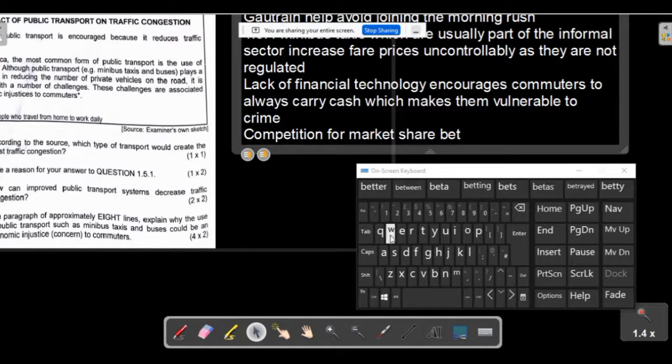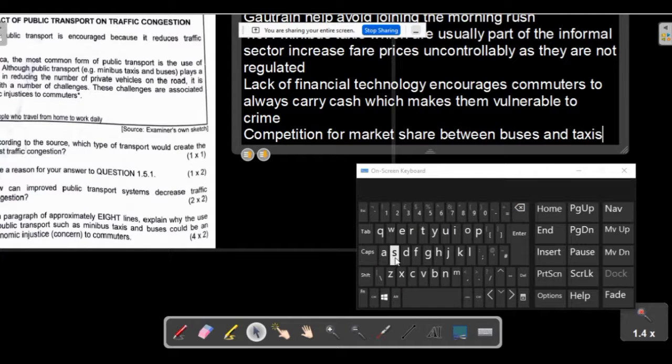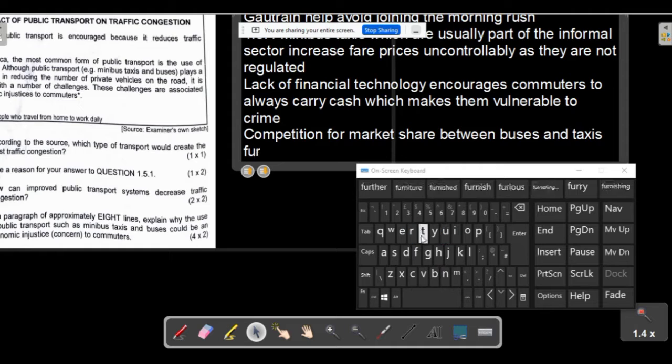So between buses and taxis, further increases.